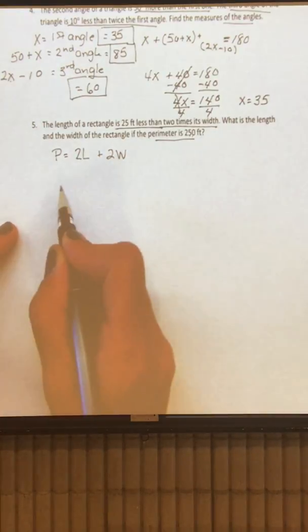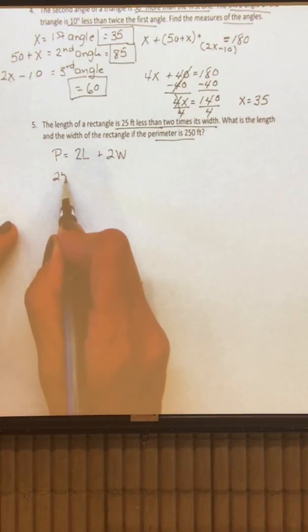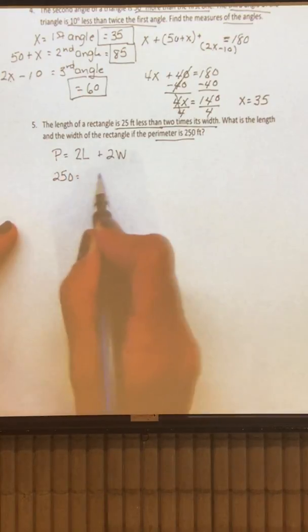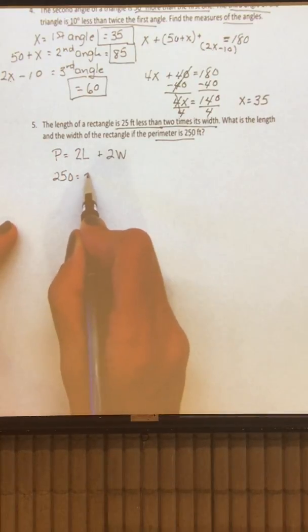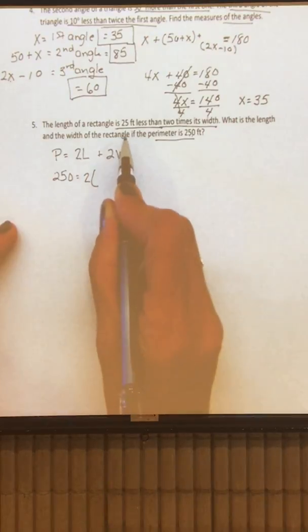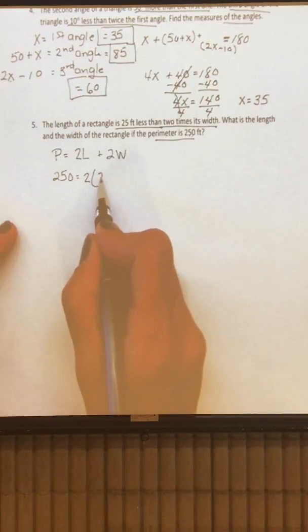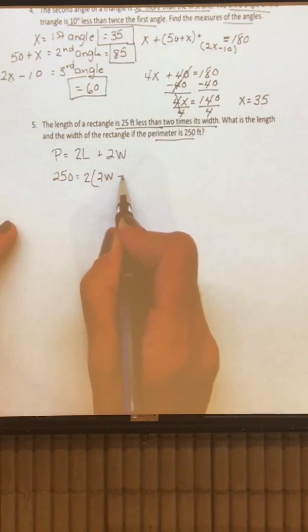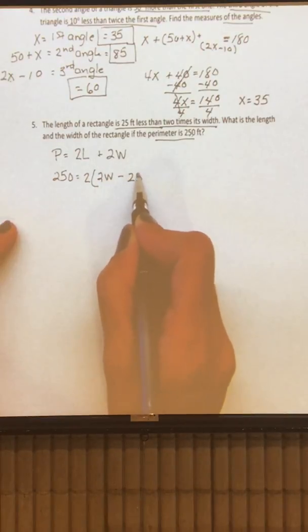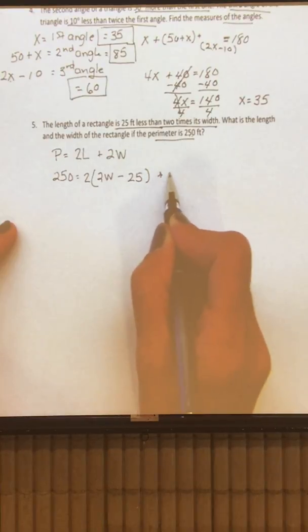We know the perimeter is 250 feet. So 250 feet is equal to 2 times the length, and the length is 25 feet less than 2 times the width. So we have 2w minus 25, which is the length, plus 2 times the width.